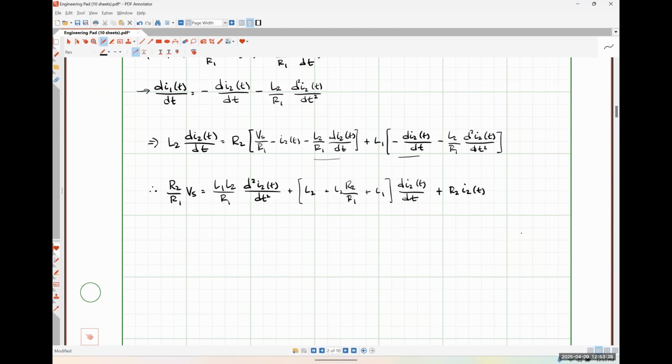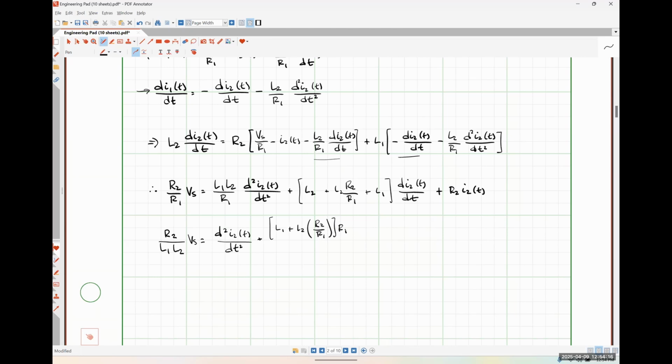So multiplying through by a factor of R1 over L1 times L2, that's going to give me R2 over L1 L2 times Vs is equal to the second derivative of I2 with respect to time plus, let's see, I'm going to have L1 plus L2 times R2 over R1.